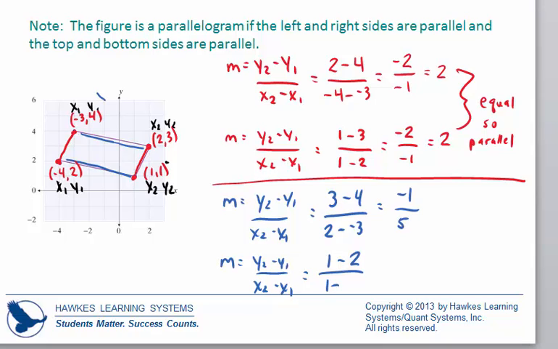For the x1, a negative 4. 1 minus 2 is negative 1. 1 minus a negative 4 is 5. So again, we have equal slopes, so these lines are parallel. And so if the top and the bottom are parallel and the left and the right are parallel, then the figure is a parallelogram.